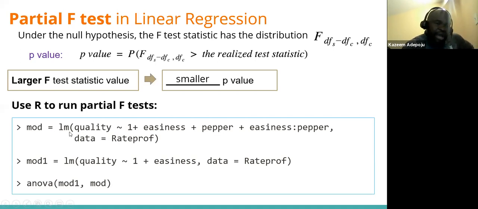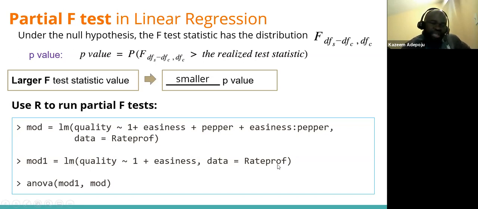If you want to do that in R, you're going to have two models. We got two models, right? The code here represents the complicated model, and the code here represents the simple model. I'm going to say that again. The code here represents the complicated model, and the code here represents the simple model.